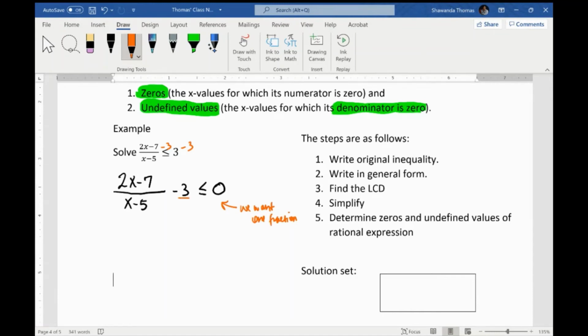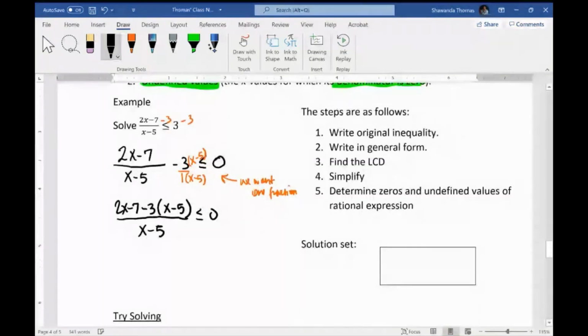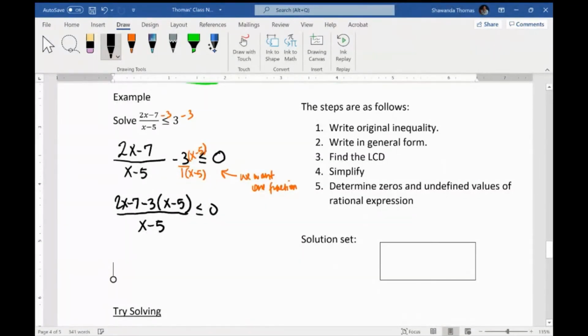This is like 3 over 1, so we multiply x minus 5 times the numerator and the denominator. That makes it one fraction. So that's 2x minus 7 minus 3 times x minus 5. Any questions about that? We just manipulated it so that it's one fraction.